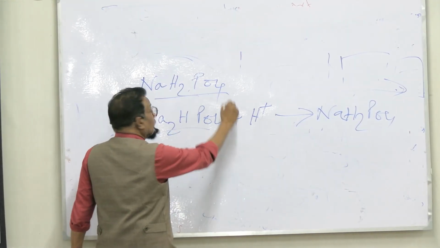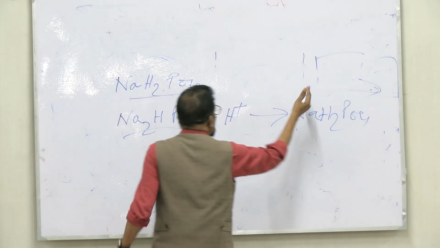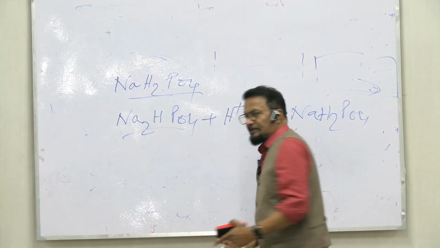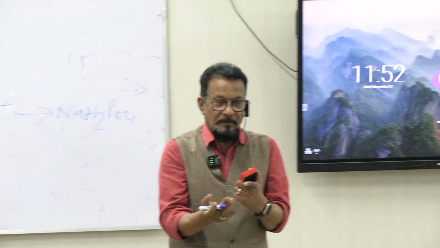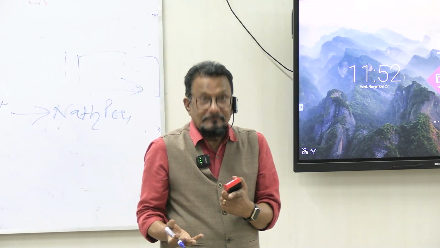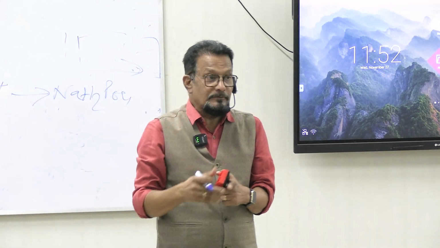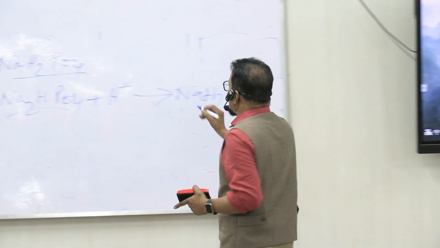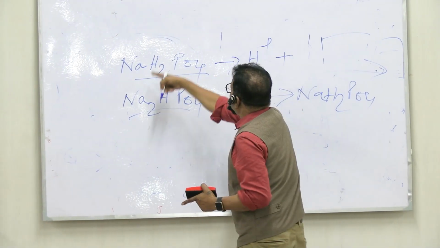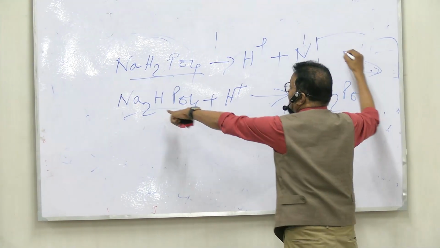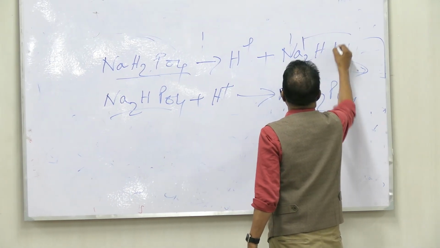And see about this. Whenever the pH of the medium is increased, meaning it is more alkaline, pH 7.8, it is increasing. So what does this component do? This acidic component will release hydrogen ion, and this will be converted into this compound, Na2HPO4.